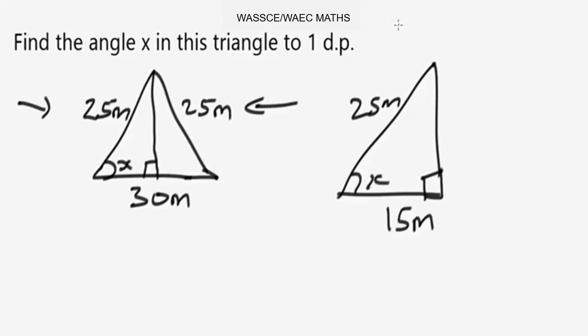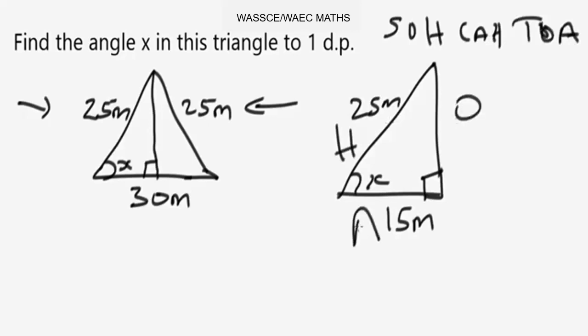So what are we going to apply? We have to use SOH CAH TOA. So from this, this is our hypotenuse, this is our opposite, this is our adjacent. So we have hypotenuse and adjacent respectively, and we're looking for x.